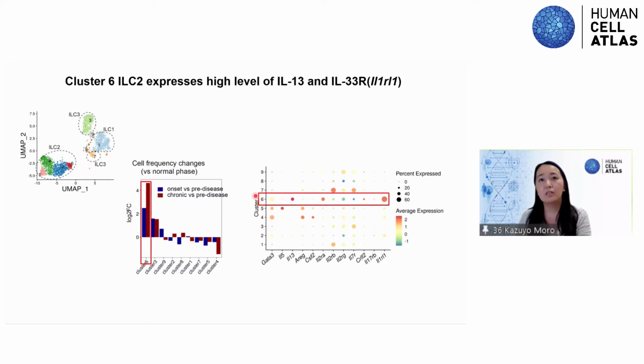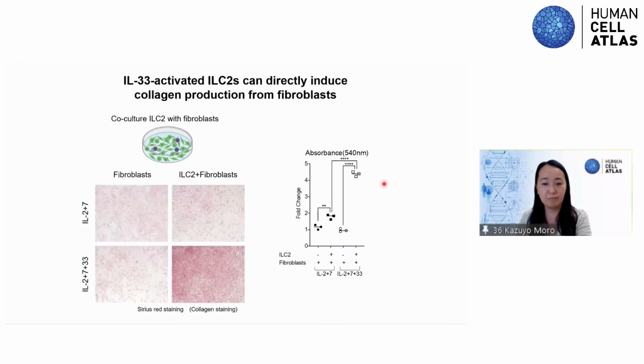And this cluster 6 was expressing IL-13, which is a major fibrosis factor, and also IL-2 receptor alpha, which is an activation marker of ILC2, and IL-33 receptor, which is the most important receptor for ILC2 activation.